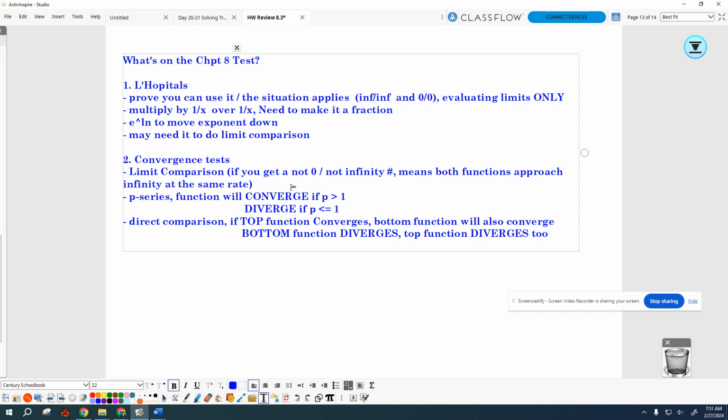And then if it's the other way around, the top function diverges, you don't know anything about the bottom. It might diverge also, or it might converge. And if the bottom function converges, you don't know about the top function.